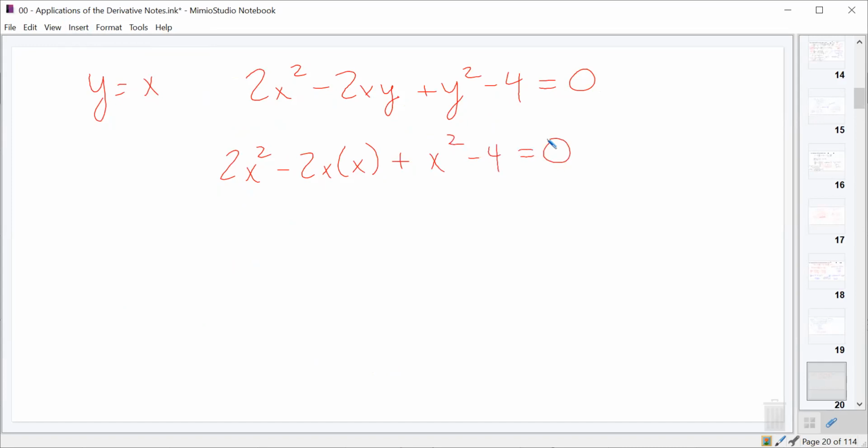Or 2x squared minus another 2x squared is going to cancel out. We've just got x squared equals 4, or x equals positive or negative 2. We don't need to plug that back in because that's already x equals for a vertical tangent line.